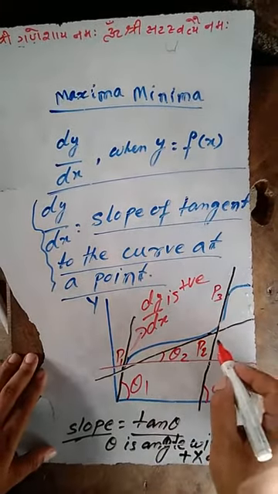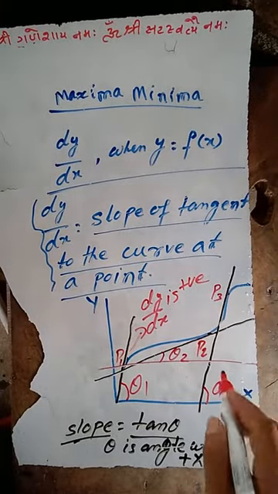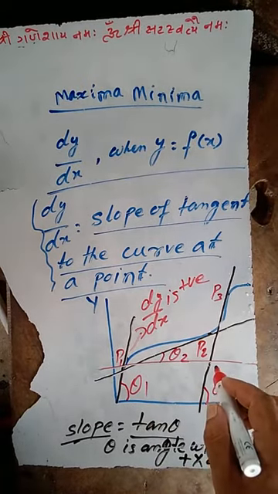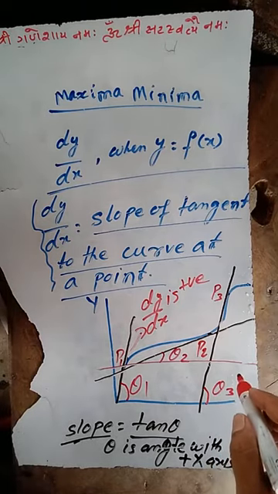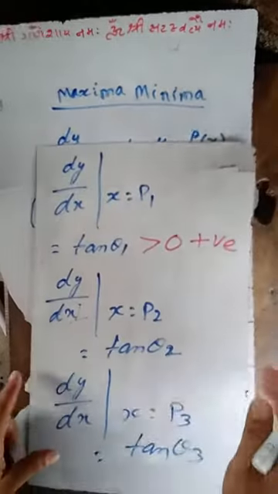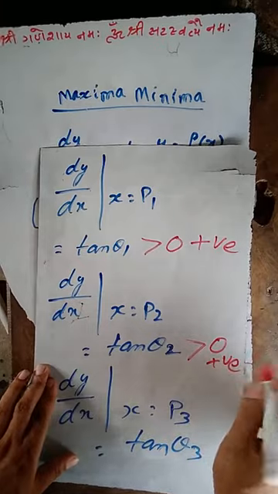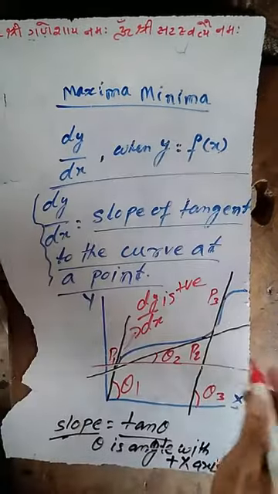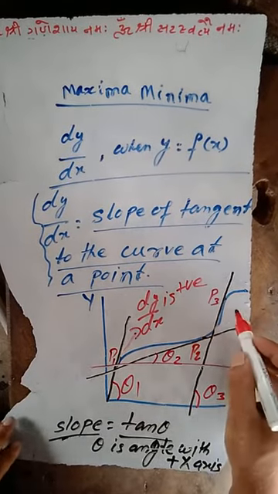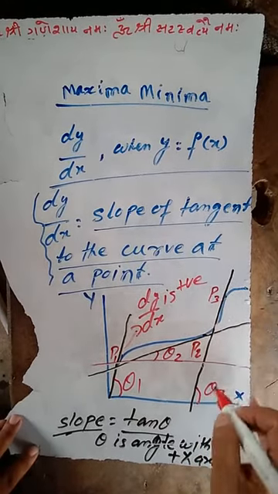For point P2, again the angle is acute, that is, it comes under the first quadrant, so tan theta 2 is greater than 0 and positive. At this point also it is positive.